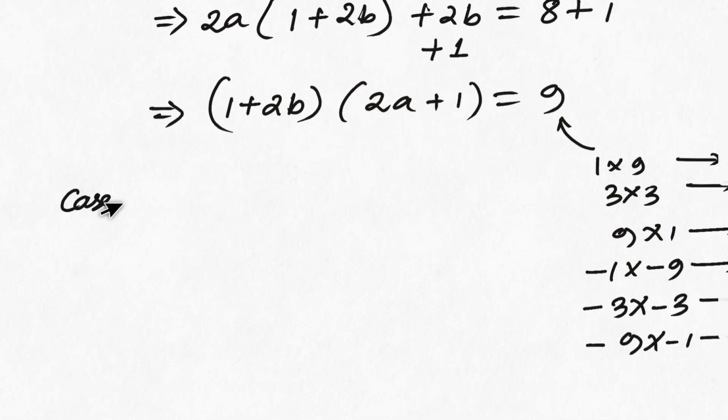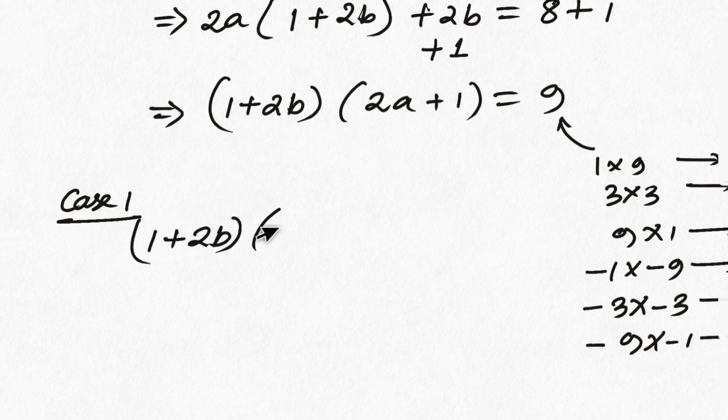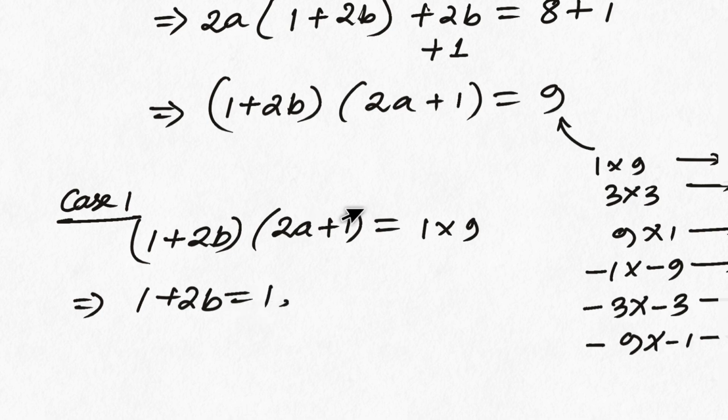Starting with case 1, we set our factored equation, the quantity 1 plus 2b times the quantity 2a plus 1, equal to 1 times 9. This means we set our first factor, 1 plus 2b, equal to 1, and our second factor, 2a plus 1, equal to 9.